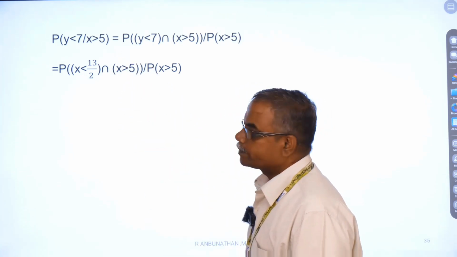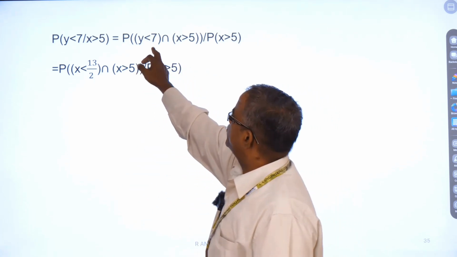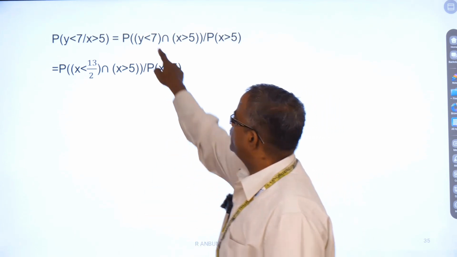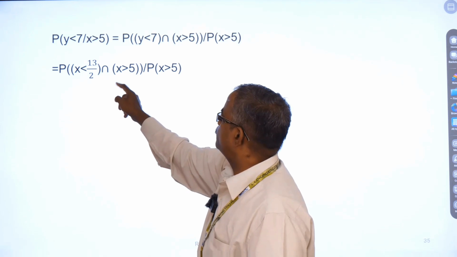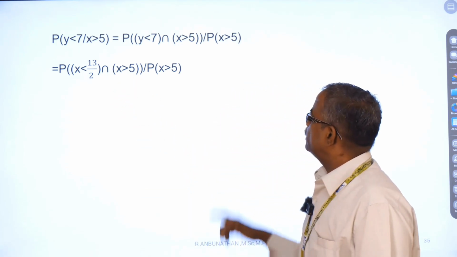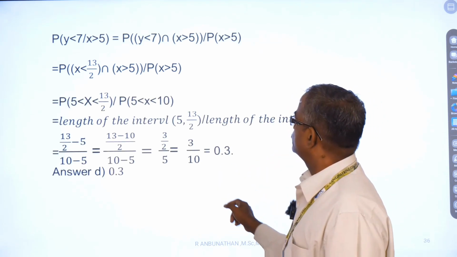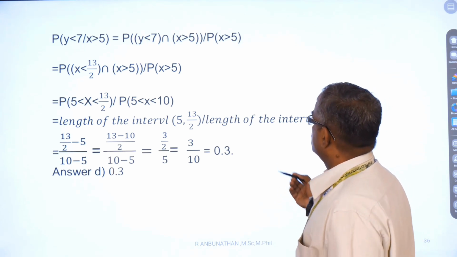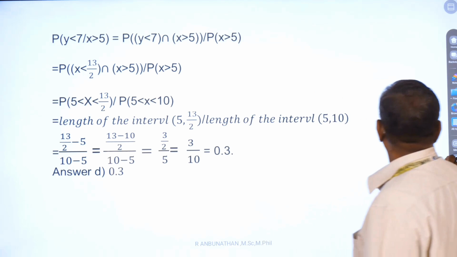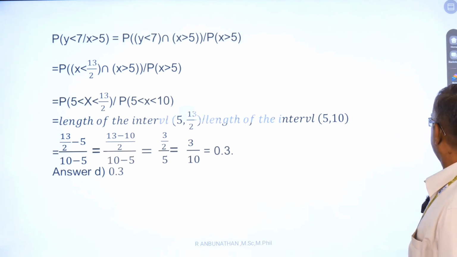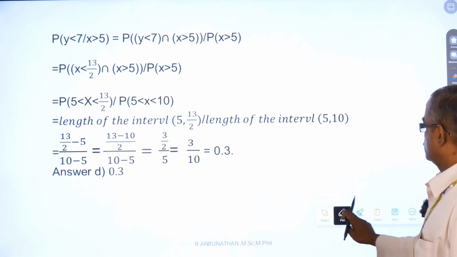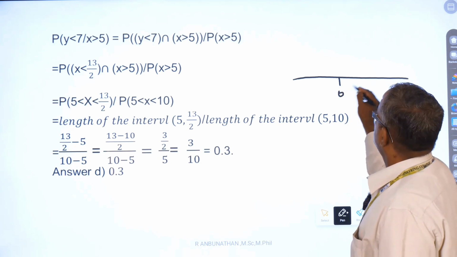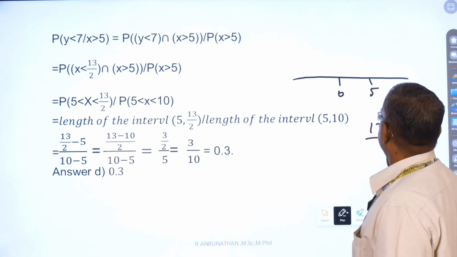According to the formula for conditional probability, it is the probability of y less than 7 intersection x greater than 5, divided by the probability of x greater than 5. For y less than 7, in the earlier slide we found x less than 13 by 2. 13 by 2 is nothing but 6.5.